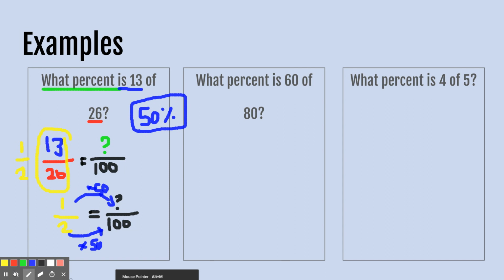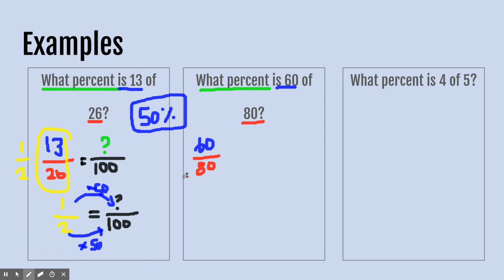So this next example: what percent is 60 of 80? I want to know 60 is the part, 80 is the whole, and what percent would 60 out of 80 be equivalent to? So I could set it up as 60 to 80 like this, and make that equivalent to d% over 100.